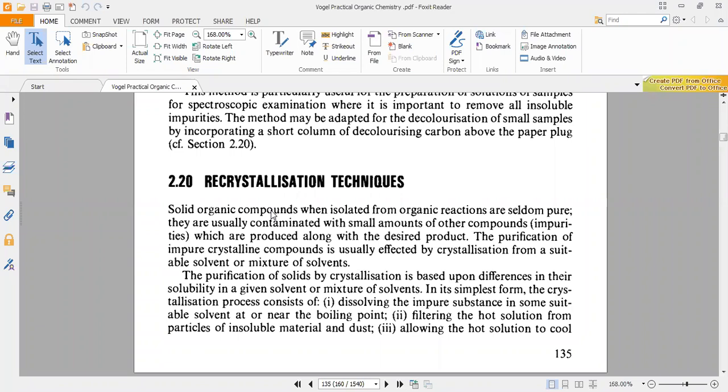This is called isolation. For isolation, we use these techniques. One you have already seen previously is distillation, which applies to a mixture of reactants and products if all of them exist in the liquid state, right?